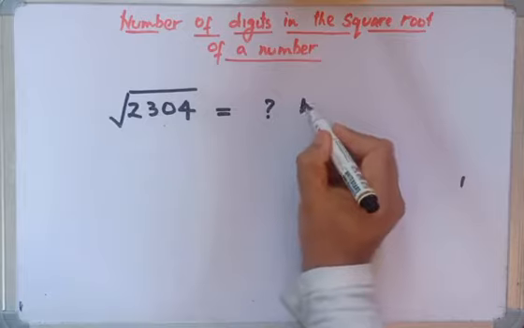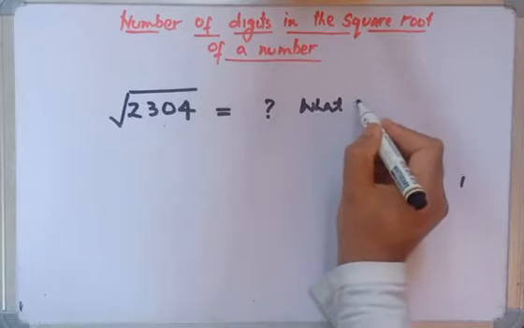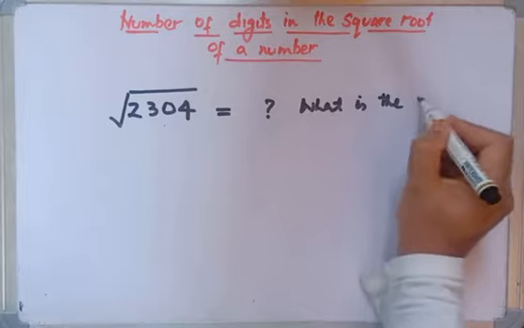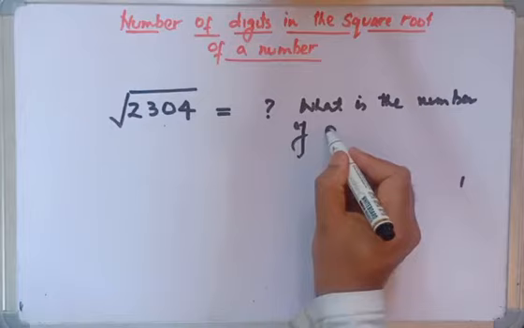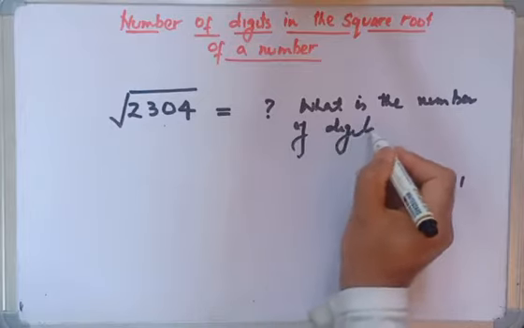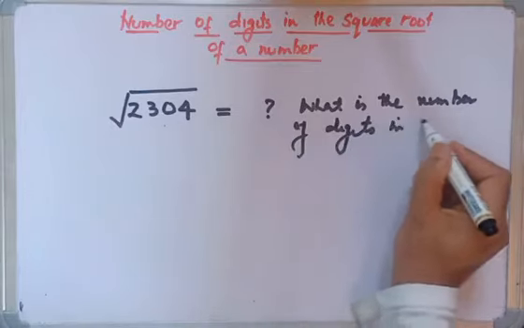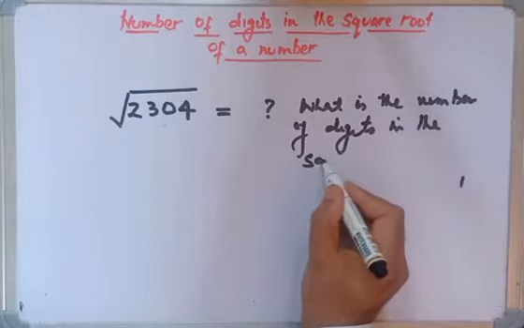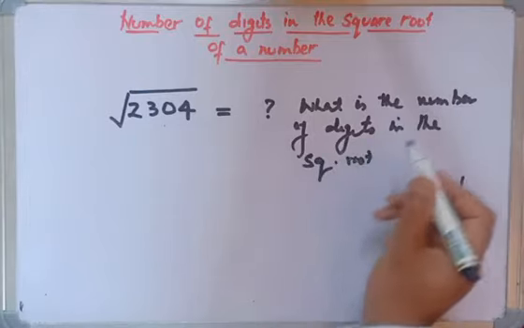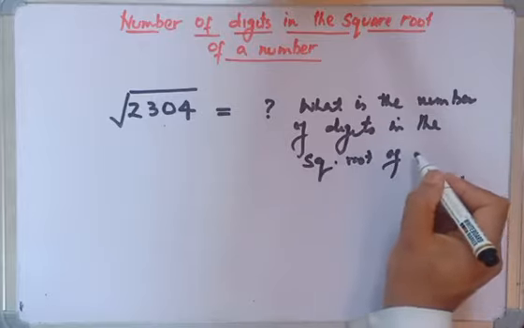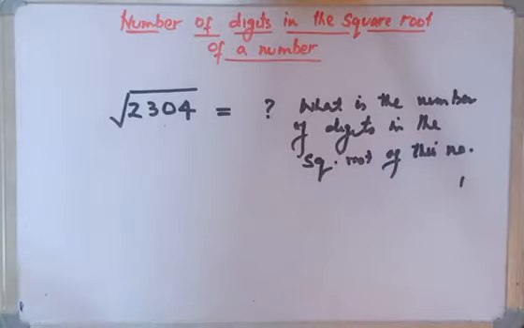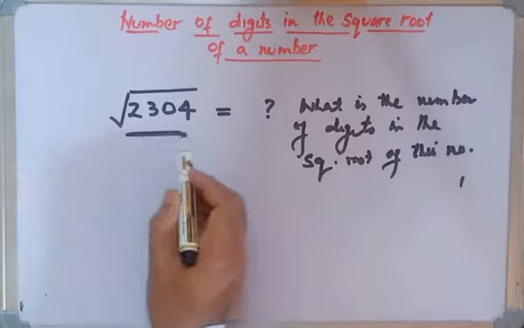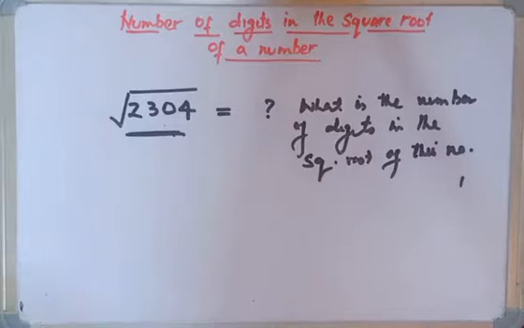What is the number of digits in the square root of this number, right? तो हमें क्या करना है, इस नंबर का जो स्क्वायर रूट है उसमें कितने डिजिट्स है, राइट?